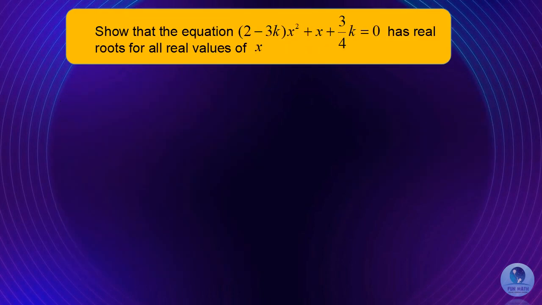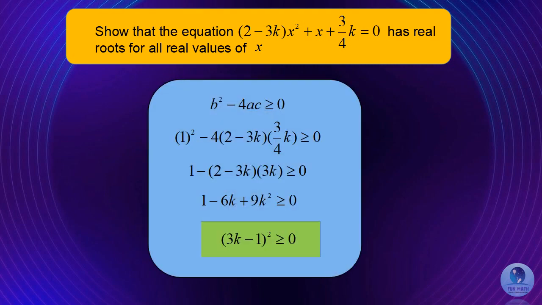Look at this example. Show that the equation in the bracket 2 minus 3k x squared plus x plus 3 over 4k equals to 0 has real roots for all real values of x. Since the equation has real roots, therefore b squared minus 4ac is greater or equals to 0.